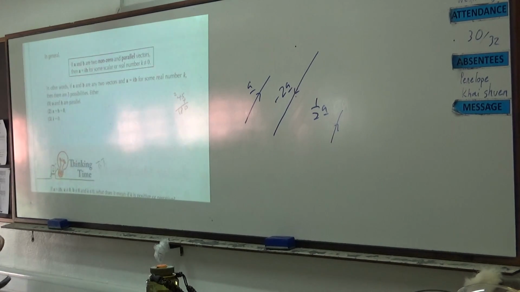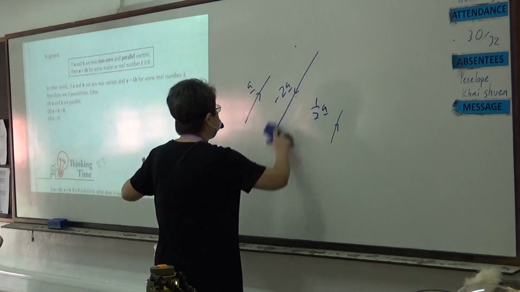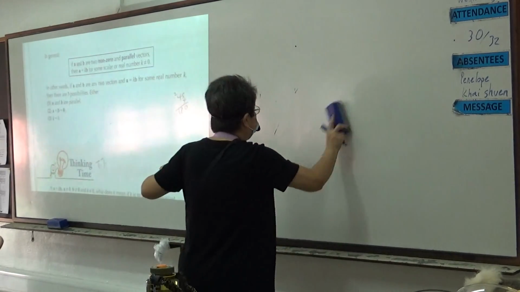If A and B are two non-zero and parallel vectors, then A equals KB for some scalar or real number K not equal to 0. Okay, what do you mean by this? I'll just explain to you what it means.